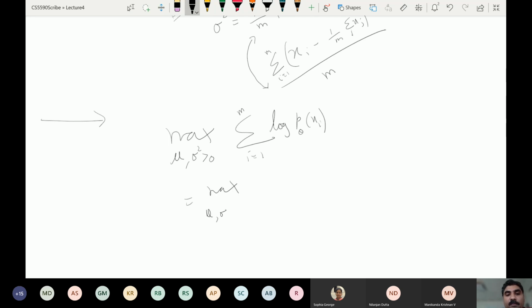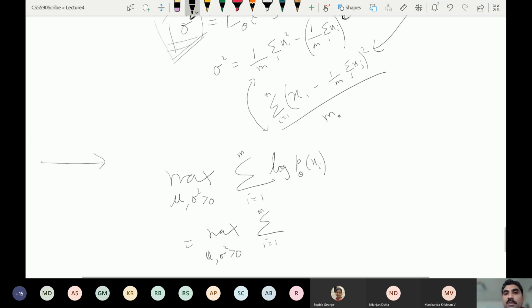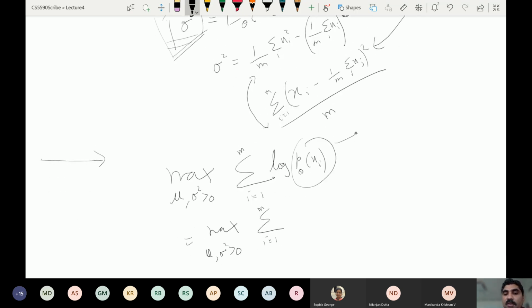For Gaussian, it is again this, i equal to 1 to m, right? So what is this formula? It is e to the power of, let me write it again here for your convenience: xi minus mu square by 2 sigma square, divided by root 2 pi sigma square, right?